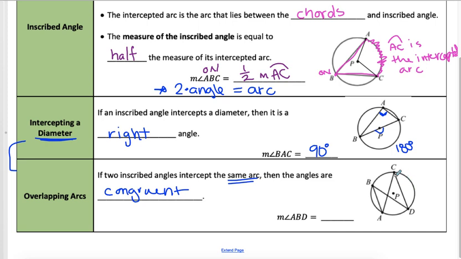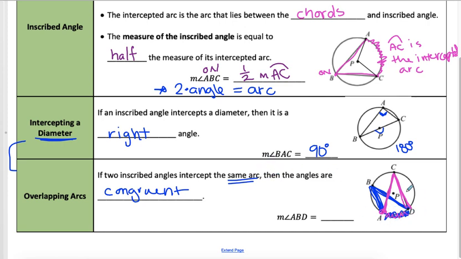Say I look at angle ABD. I trace that out, A to B to D. Notice that this angle is intercepting this arc, A to D. If I look at another angle, angle ACD, and trace that out, it intercepts that same arc.